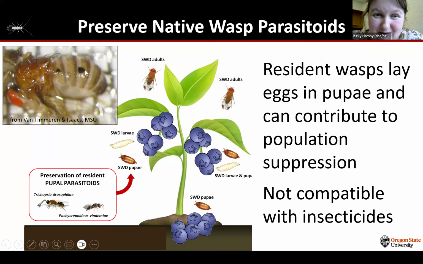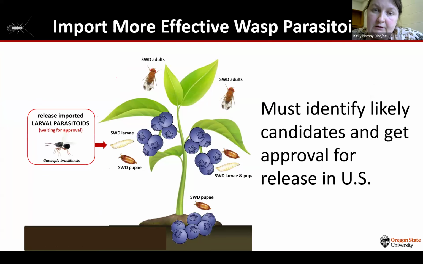This is where the immune system suffocated the egg of the wasp. So spotted-wing Drosophila could suffocate the egg of the native wasps and still develop and survive. And these wasps are also not compatible with insecticides. So we really needed a better wasp, a wasp that was better evolved for dealing with spotted-wing Drosophila.